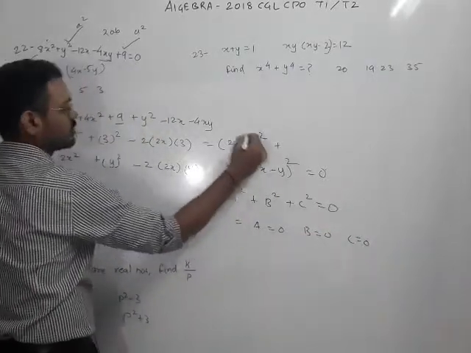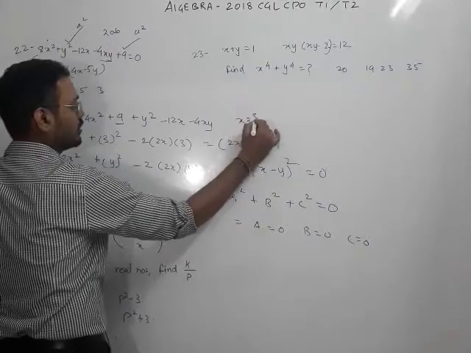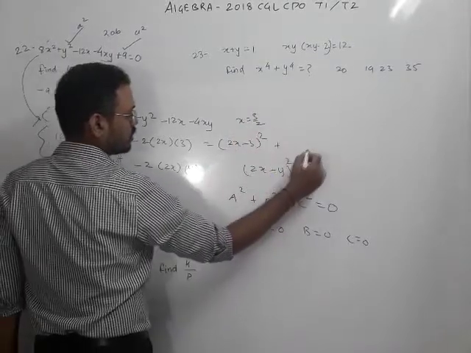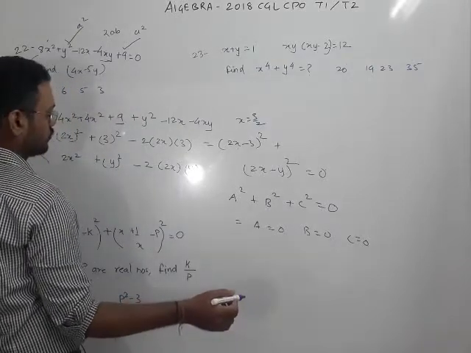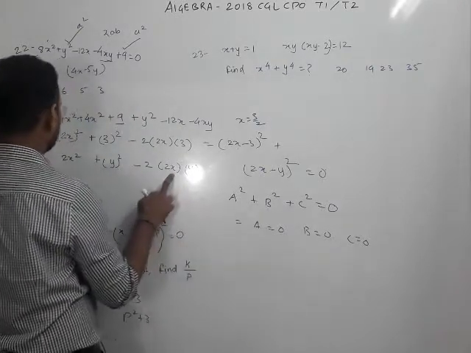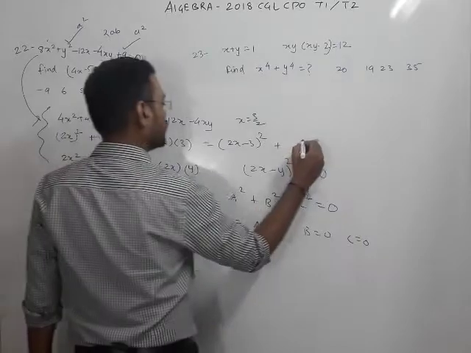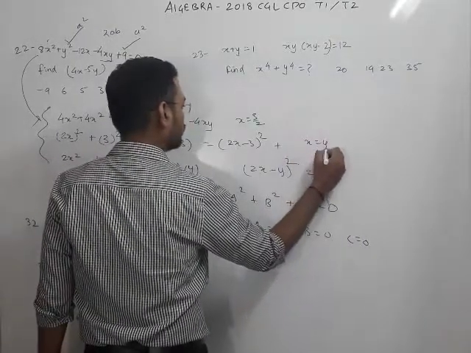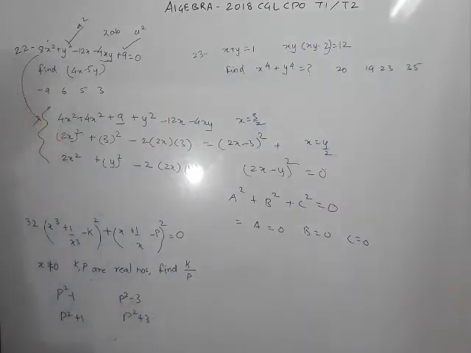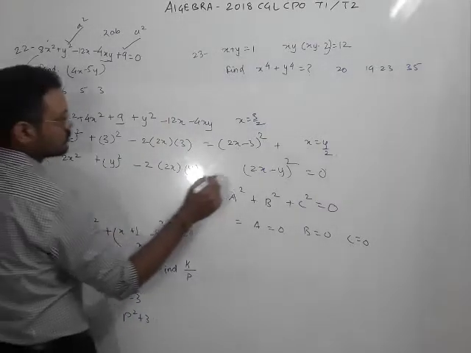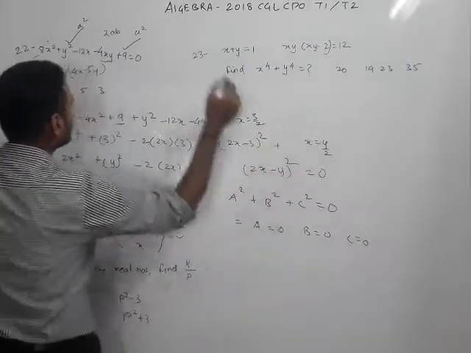It implies when this becomes 0, x will be 3 by 2, and is this 2x? Yes. And x is also equal to y by 2, or y equals 2x you can put.